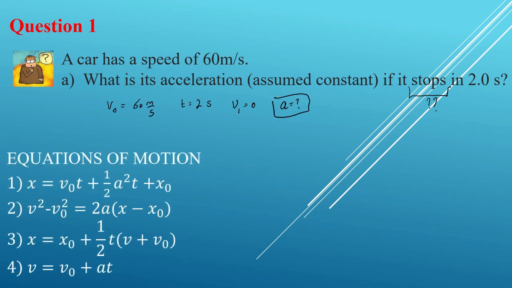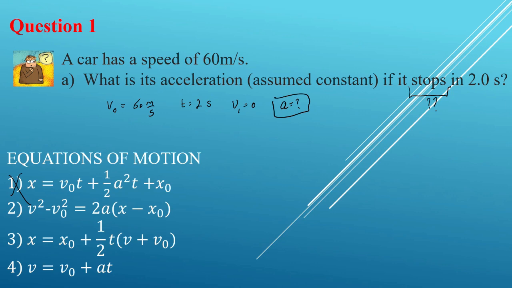Let's look at the equations of motion. Let's see if I can use equation 1. Did it ask about the displacement? No. Do I have the value for displacement? No. So I can't use equation 1 for sure. How about equation 2? I do know the velocity.